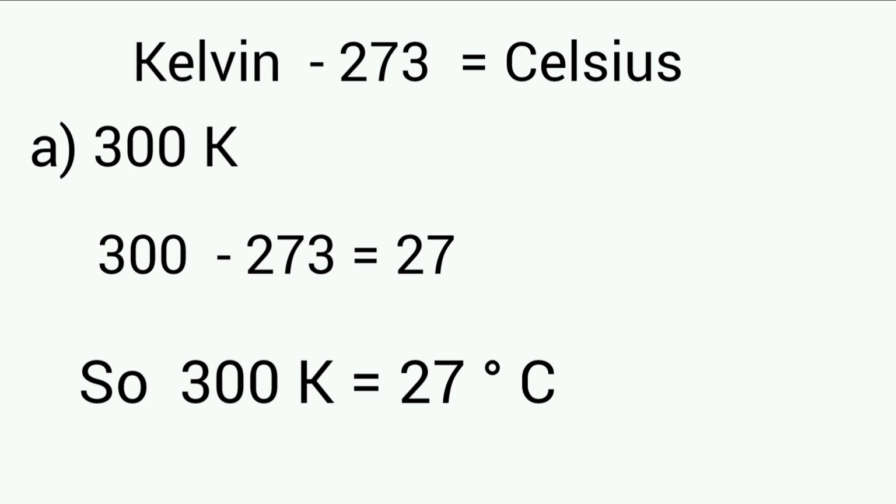So in this question they have given 300 Kelvin. Using the formula we subtract 273 from 300, that is 300 minus 273, which is equal to 27 degrees Celsius. So 300 Kelvin is equal to 27 degrees Celsius.